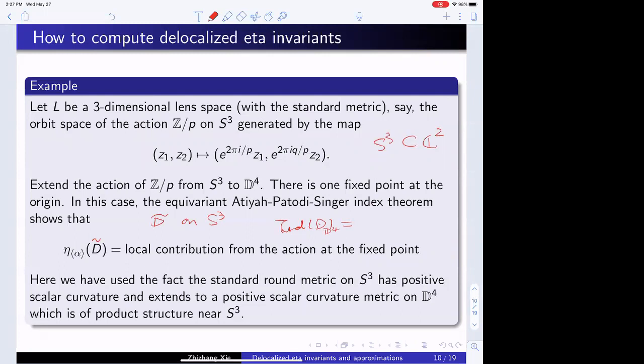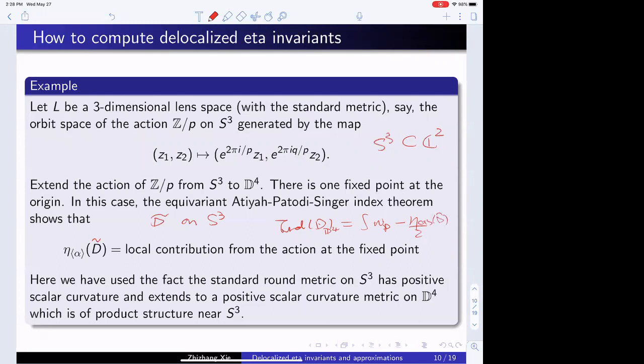The equivariant index will be some local contribution, and then there's the eta term, one-eighth eta over 2 or something like that.